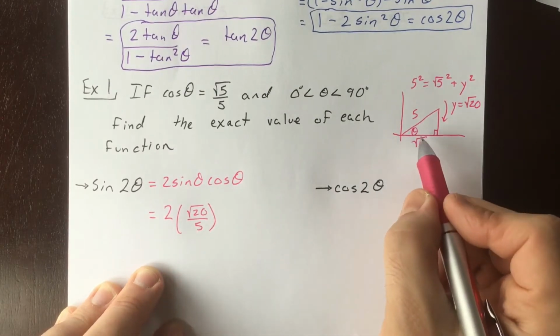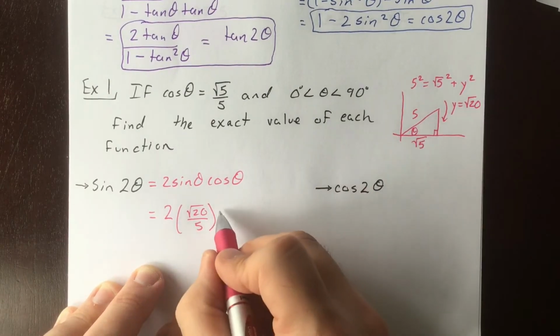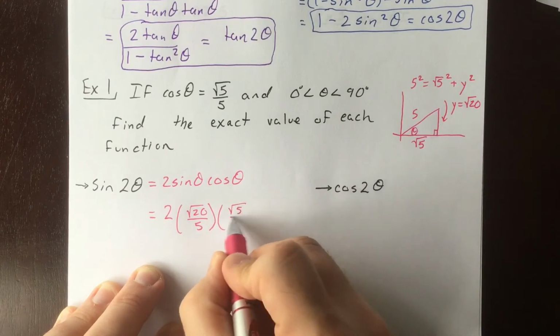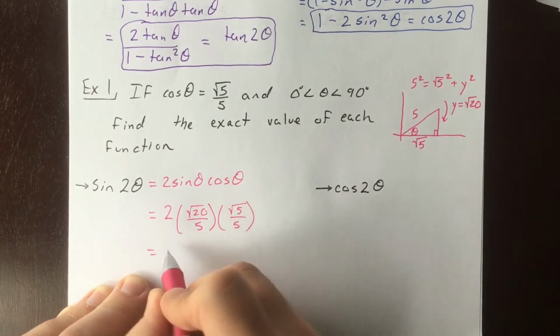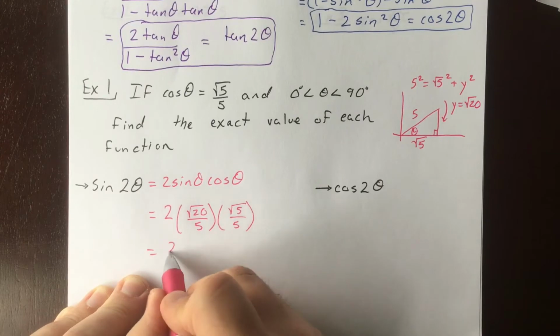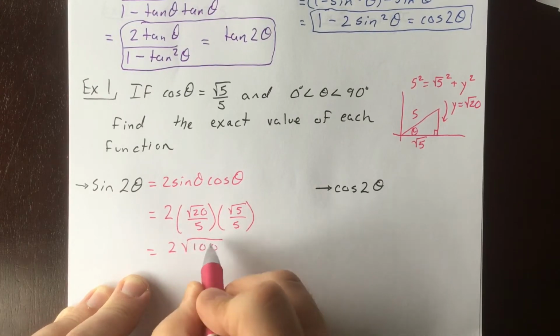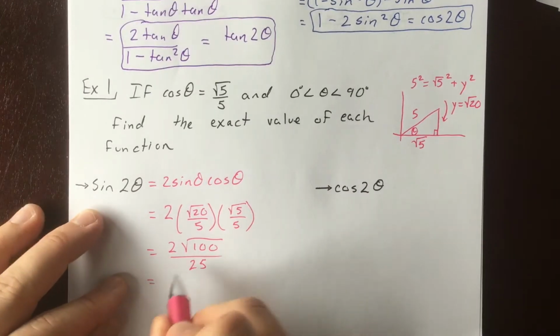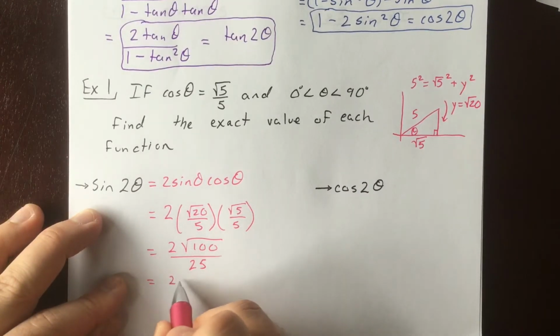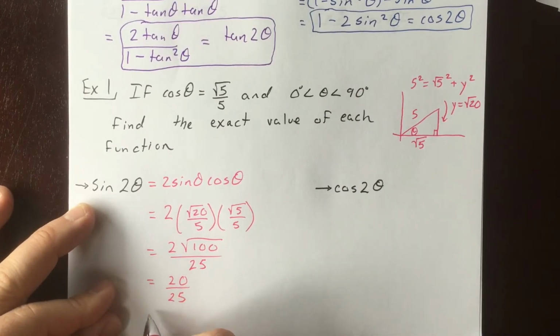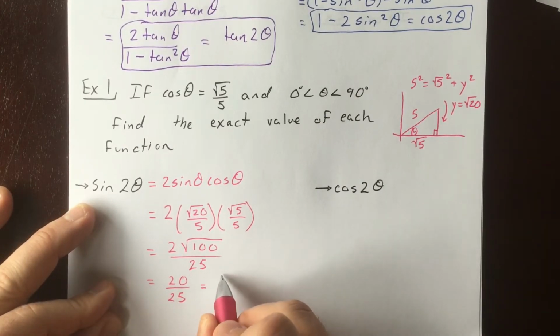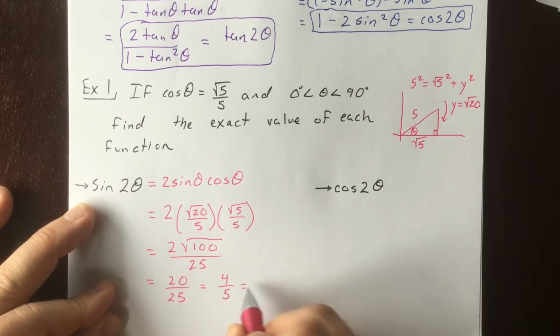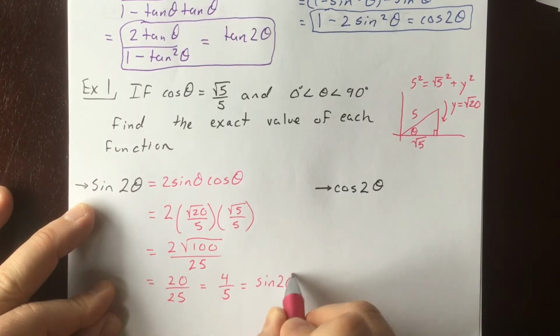Cosine of theta is square root of 5 over 5, which comes down to 2 times the square root of 100 over 25, which comes down to 2 times 10 over 25, which is the same as 4/5. And here we have sine of 2 theta.